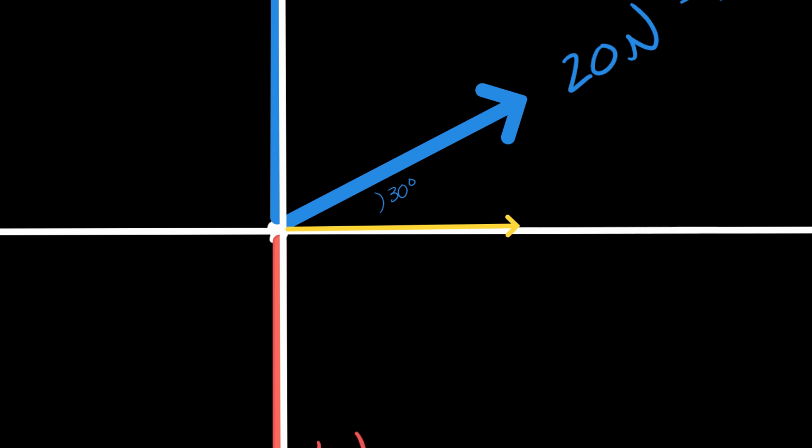I'm just wrapping a triangle around the angle, just like we did in our last unit. The up and down one's going to go with the opposite side, so that's going to be 20 sine 30. And the horizontal one is the adjacent side, so that's going to be 20 cosine 30.